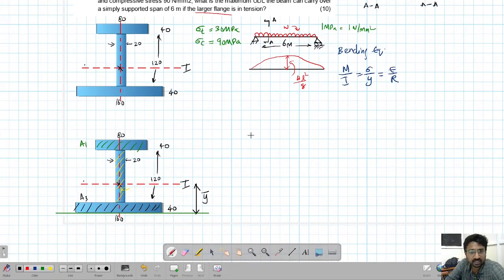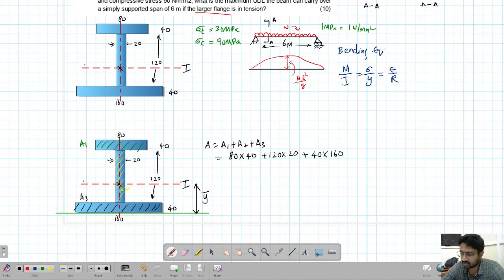So the total area A1 plus A2 plus A3 is nothing but 80 times 40 plus 120 times 20 plus 40 times 160. We'll quickly calculate this. So this is 12,000 mm square. This is the total area.